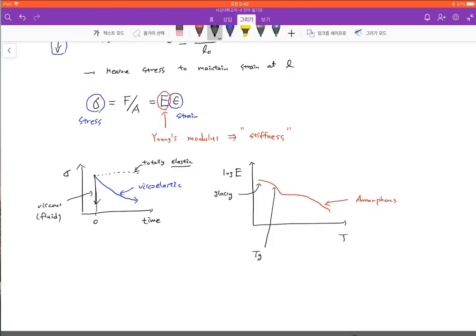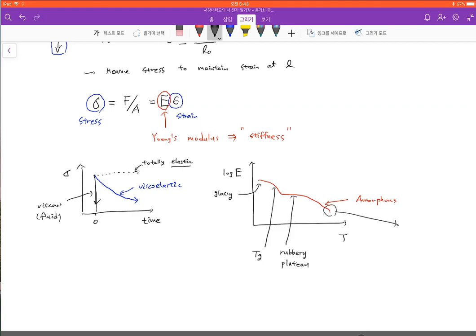And this transition is basically glass transition. Above glass transition temperature, it is not a totally viscous liquid at the beginning. It shows rubbery properties, so this part is called the rubbery plateau.